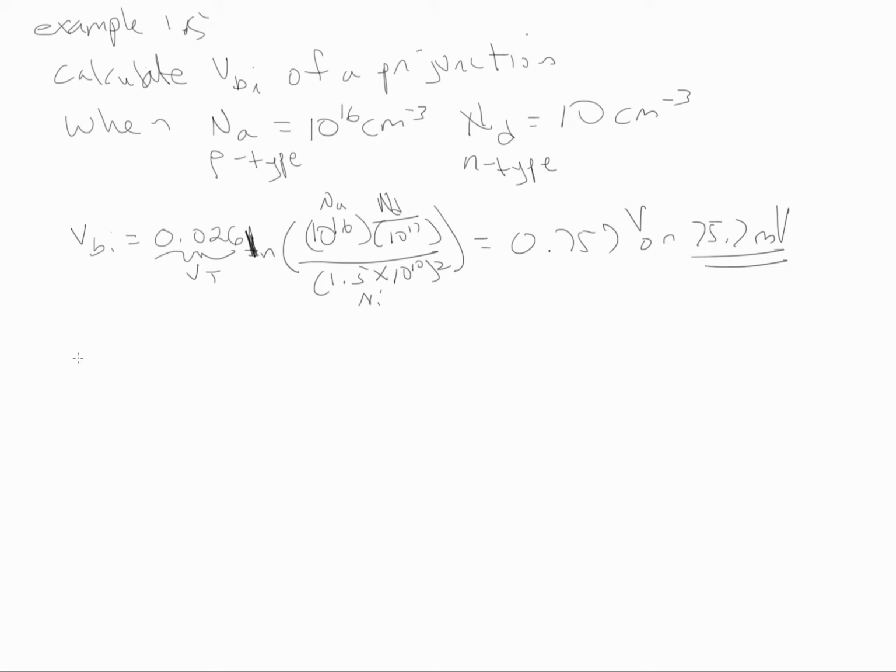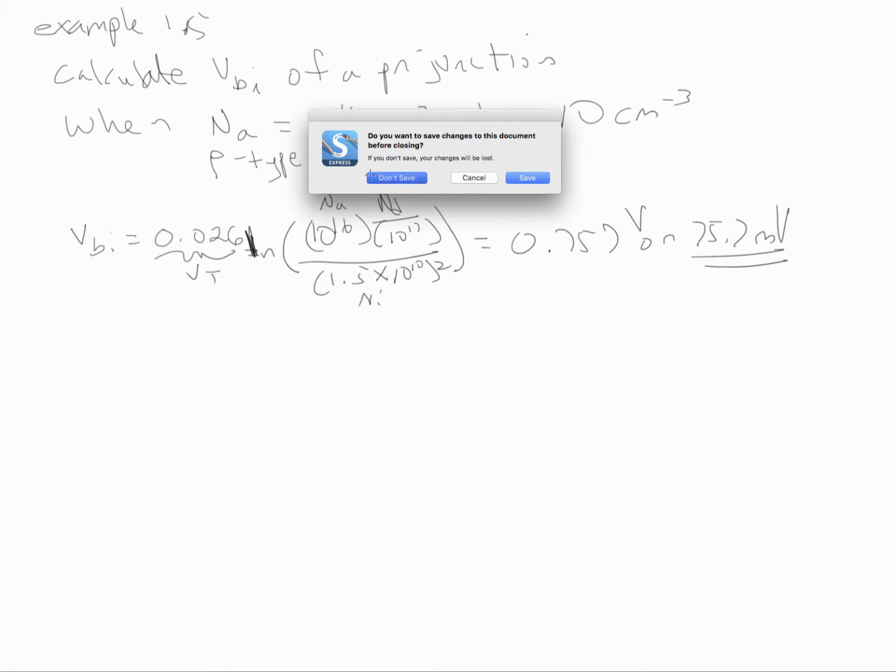That's the built-in voltage there. And as the book says, you can't measure this with a multimeter because new space charge regions get set up at the tips of your probe.